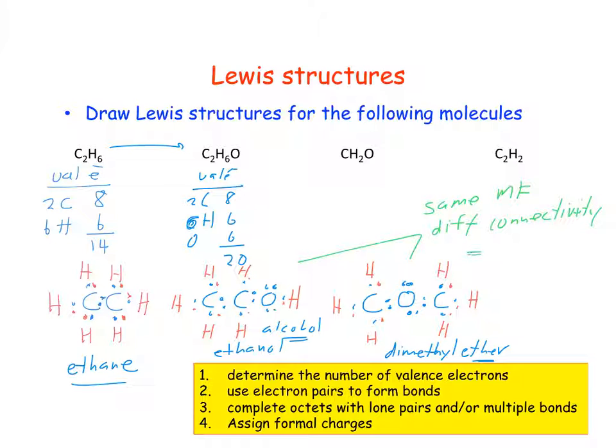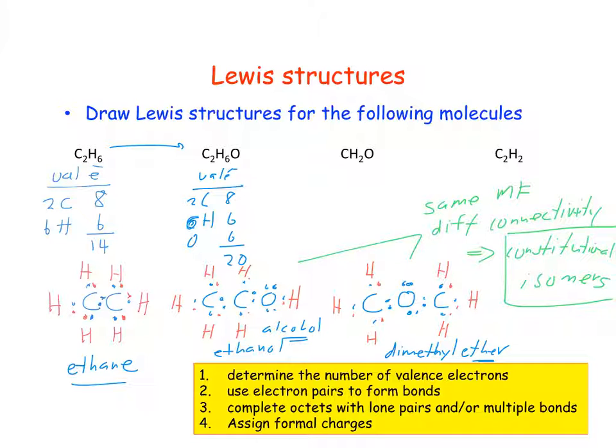And these are called constitutional isomers. Okay, so isomers in general are just molecules that have the same molecular formula, but they're different from one another. If they're different in their connectivity like this, they're called constitutional isomers. We'll see a number of different types of isomers as we go forward.